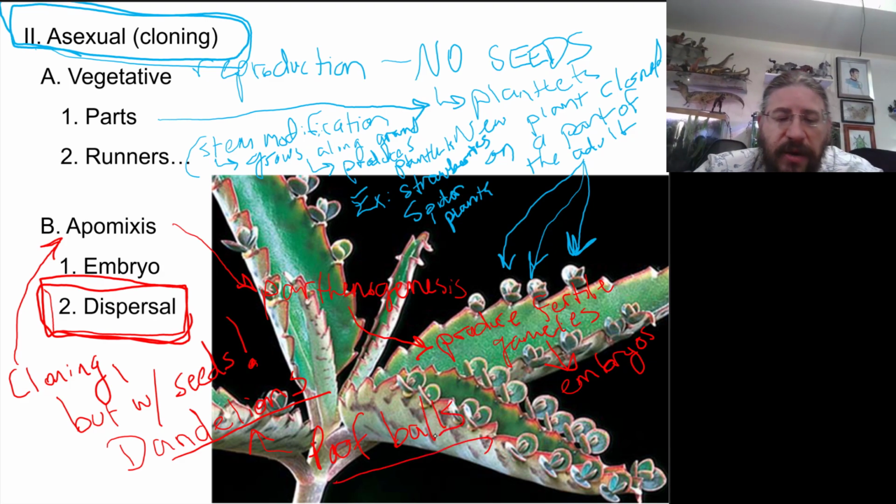That is the proper botanical scientific terminology for the dandelion seed dispersing structure. Poof balls. So, anyway, dandelions can literally clone themselves and produce an embryo that produces a seed, and you still get the poof ball that does a highly effective job of catching the wind. So, pretty cool.